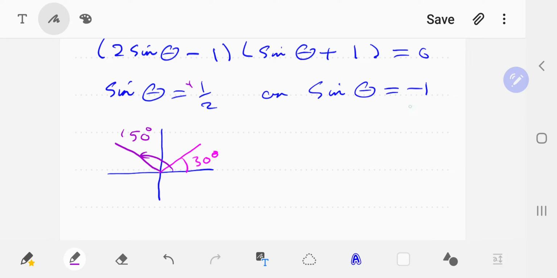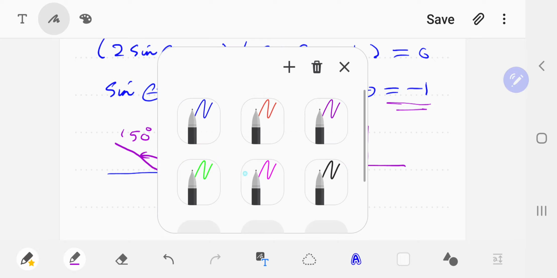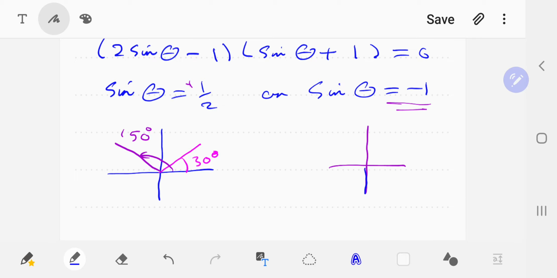What about sine theta equals negative 1? That's one of the special angles. Sine equals negative 1, that's 270. So immediately I'm talking about 270 degrees. So I'm talking about this angle, 270 degrees, and it's coterminal also.